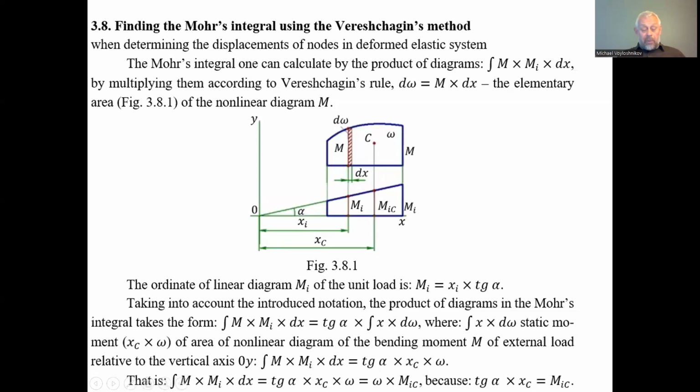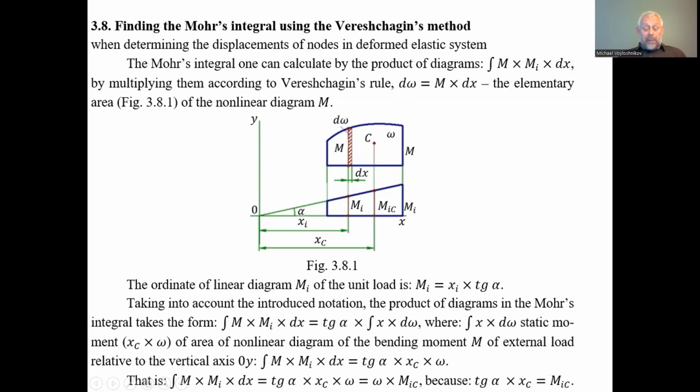On the other hand, it equals the product of tangent alpha, the angle of the inclination of the linear bending moment diagram, by the extent from the axis y of the center of the area of the curvilinear diagram first in the integrand, and by the area of this first diagram in the integrand as well.